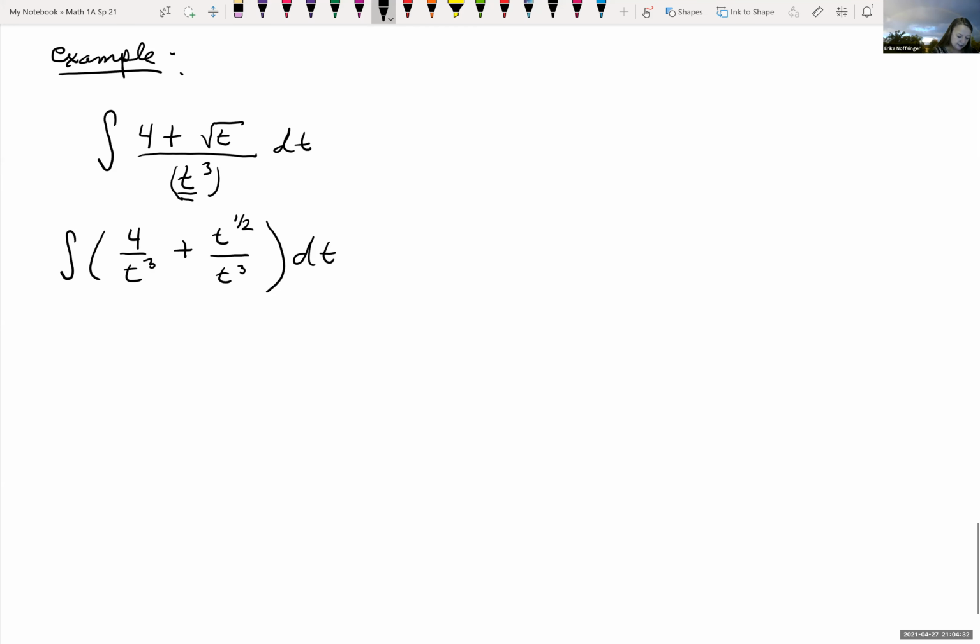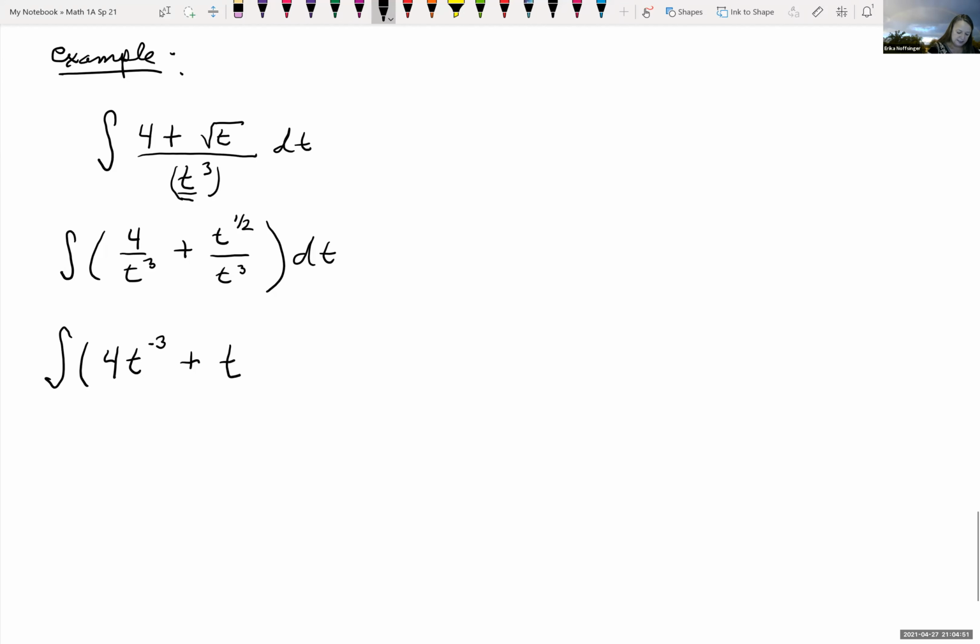So rewriting it, 4 over t cubed is the same thing as 4 times t raised to the -3 power, plus, using rules of exponents, division, same base, I subtract.